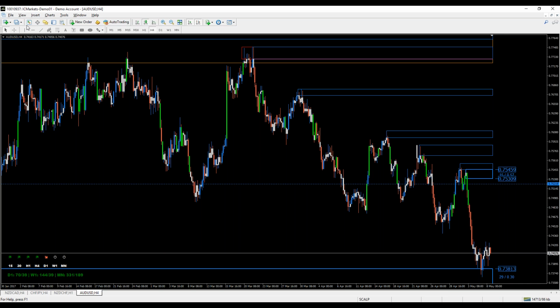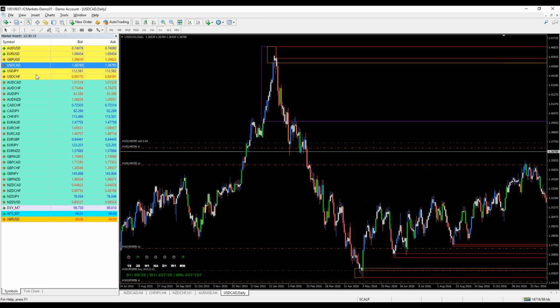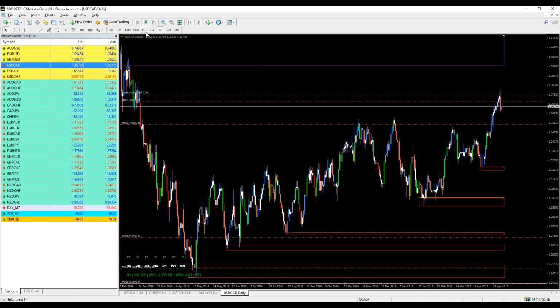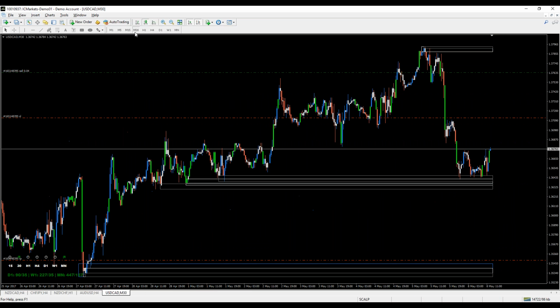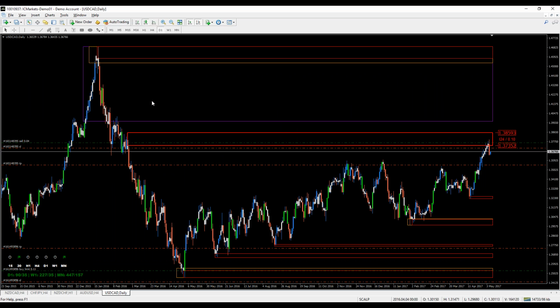If we have a trade open on the CAD, let's see what that's doing. That's starting to move higher. And you can see, so I mean, price, we like this area up here. So we sold right there.